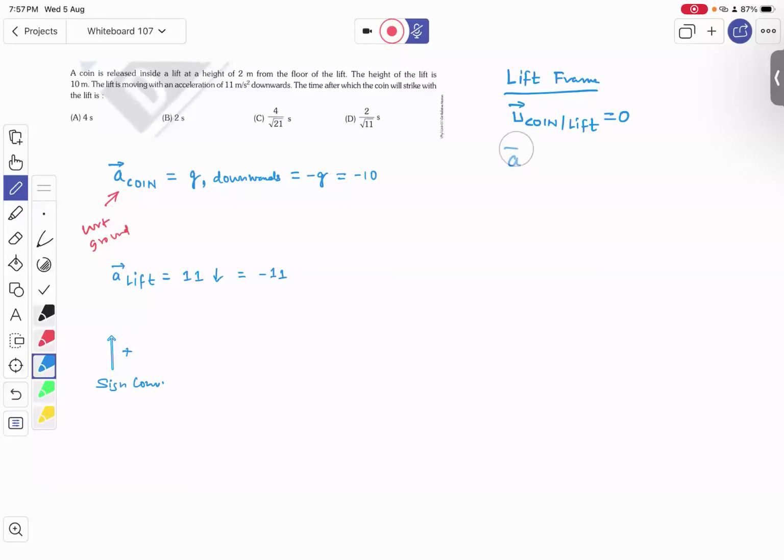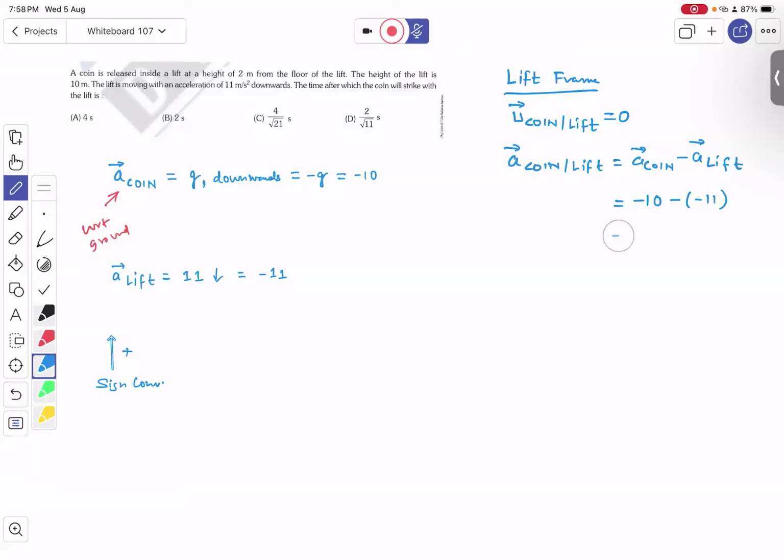The acceleration of the coin with respect to the lift will be the acceleration of the coin with respect to the ground frame minus the acceleration of the lift with respect to the ground frame. The acceleration of the coin with respect to the ground frame is minus 10, and the acceleration of the lift with respect to the ground frame is minus 11.